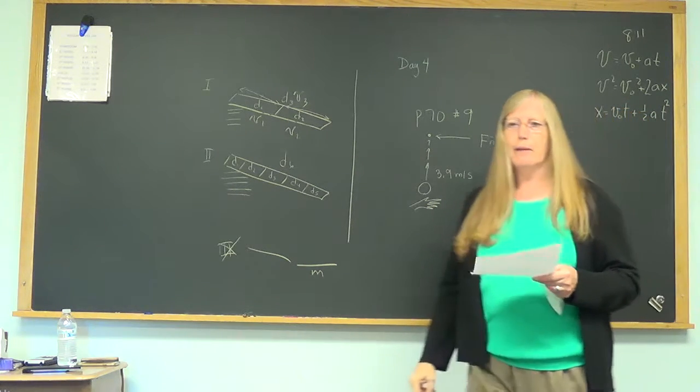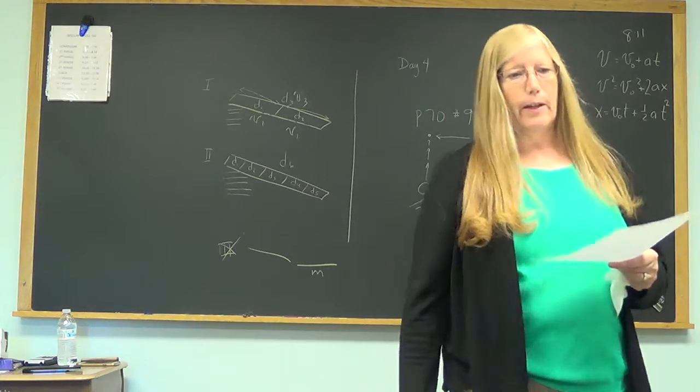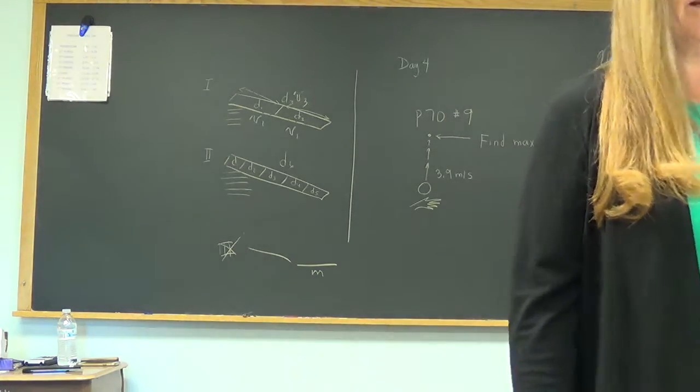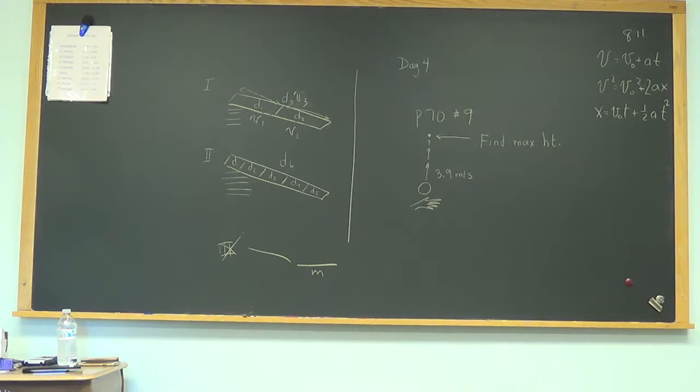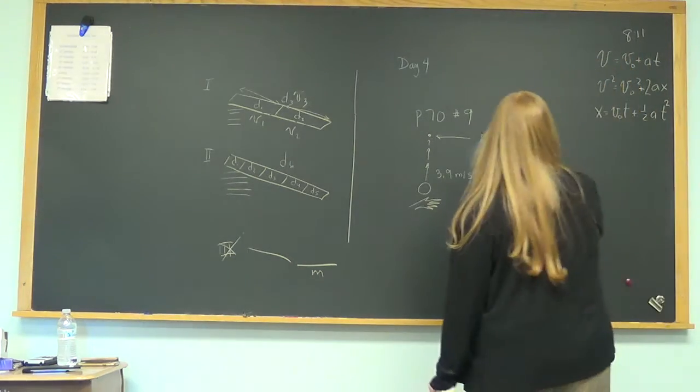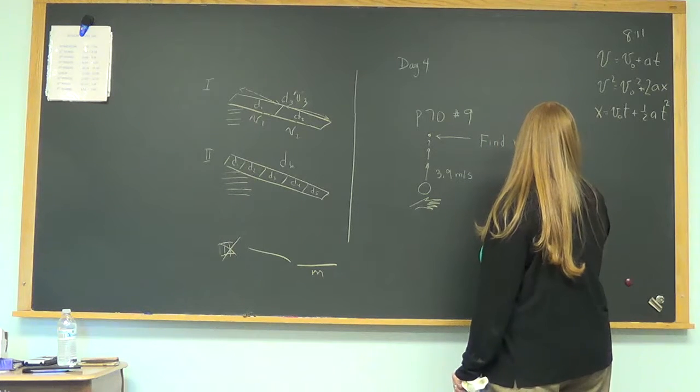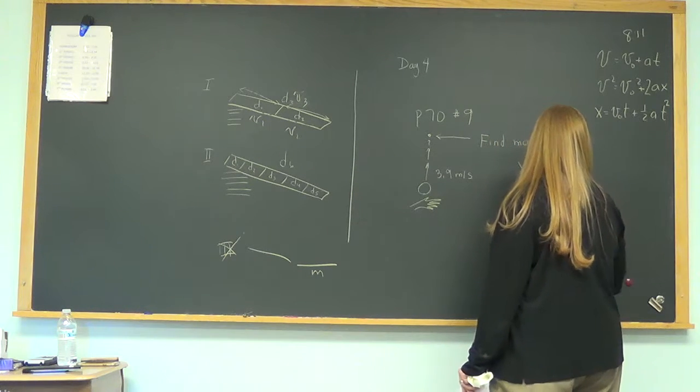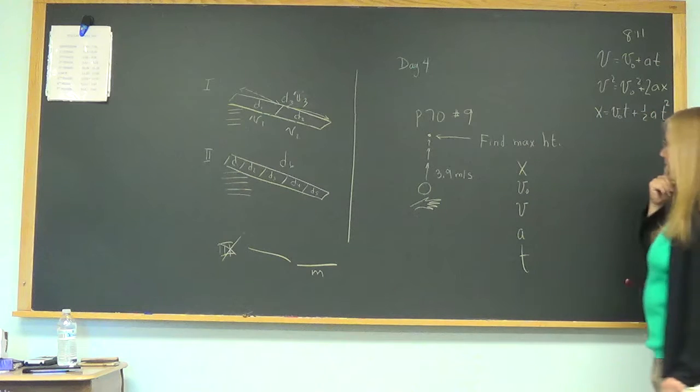All right, see if you can remember what the variable is when we're looking for maximum height. Pick out from your list the thing that's missing. That will guide you to the right equation.